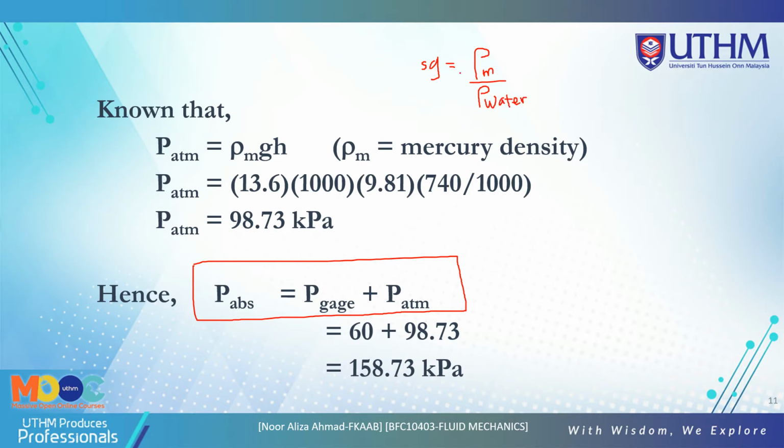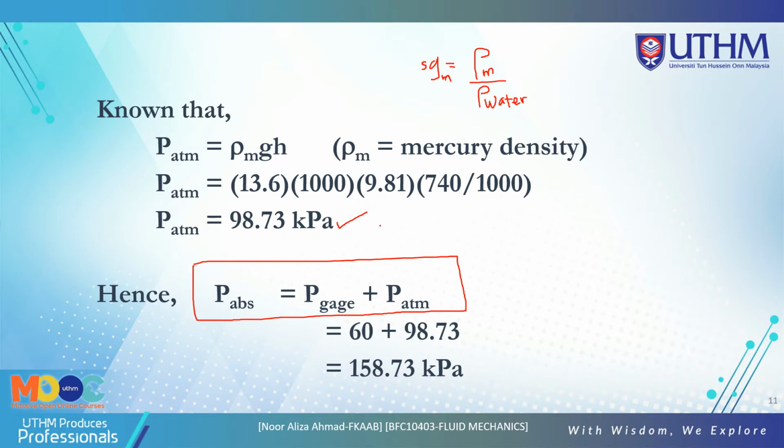The SG of mercury is given, and the density of water is 1000, so we get the density of mercury. So P atmosphere is SG times 1000 times g times h. h is based on the barometer reading of 740 mm, so you convert to meters by dividing by 1000. So you get the P atmosphere as 98.73 kilopascal.